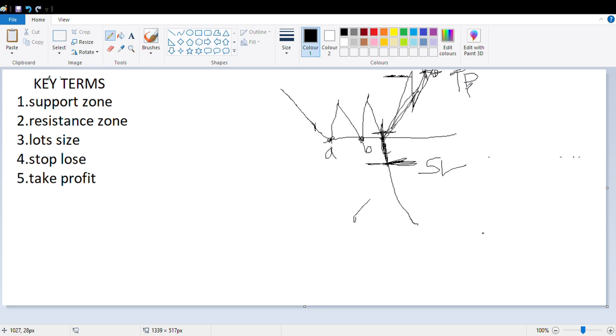It went up and hit your take profit. So if the profit is $20 or $30, it will add up to your total balance in the account. I believe you understand take profit and stop loss now.